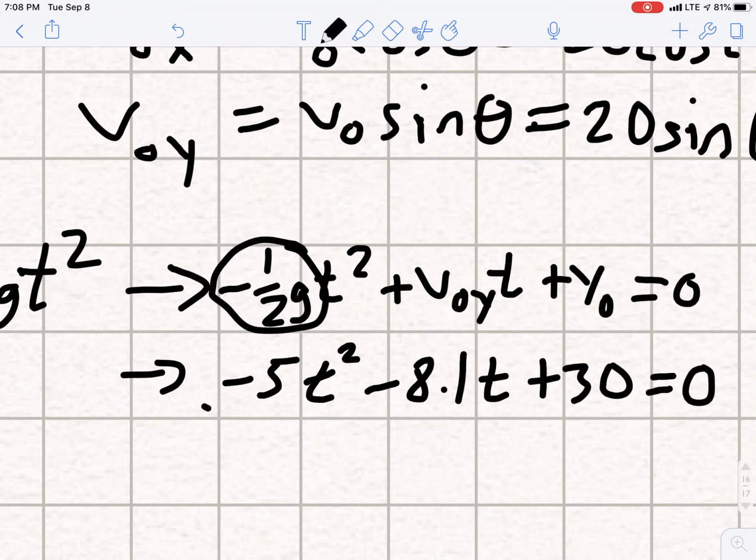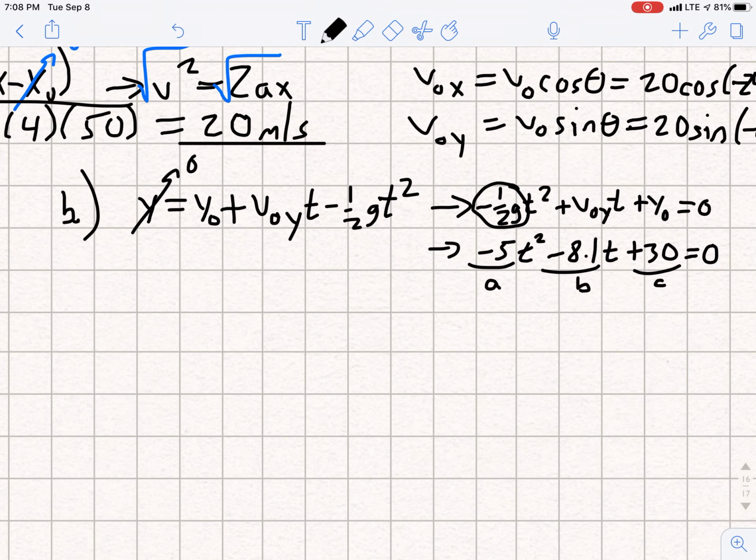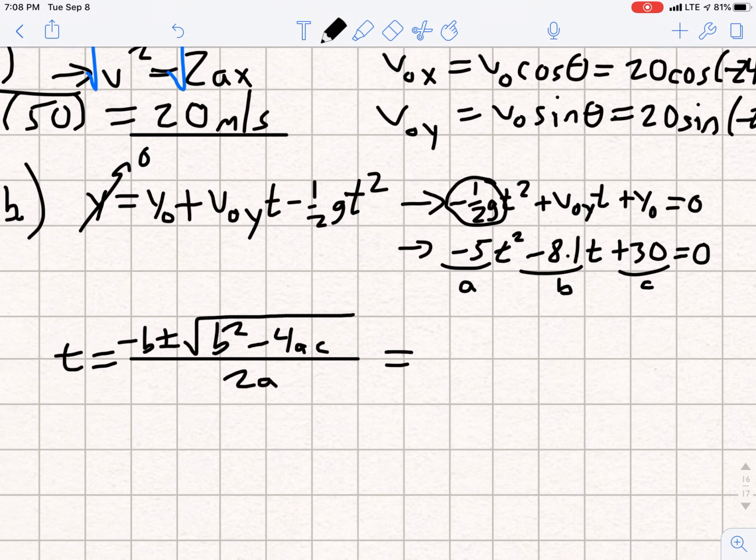Well, this would be your A, this would be your B, and this would be your C, in which case we now need to use the quadratic formula in order to solve this. Time is equal to negative b plus or minus the square root of b squared minus 4ac, all divided by 2a. Let's plug into that.